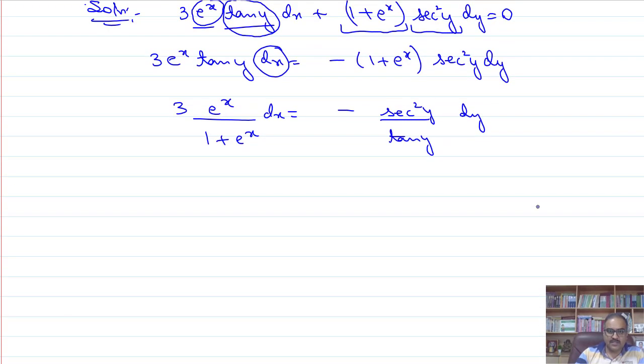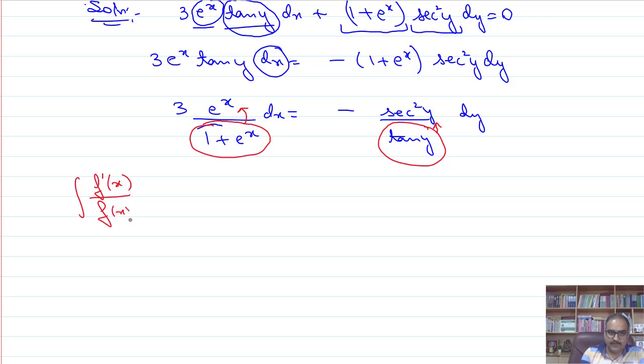Now just check it. The derivative of this part is e raised to power x, and the derivative of tan y is secant square y. That means we can apply the formula integral of f dash x over f of x dx, that is basically log of f of x.